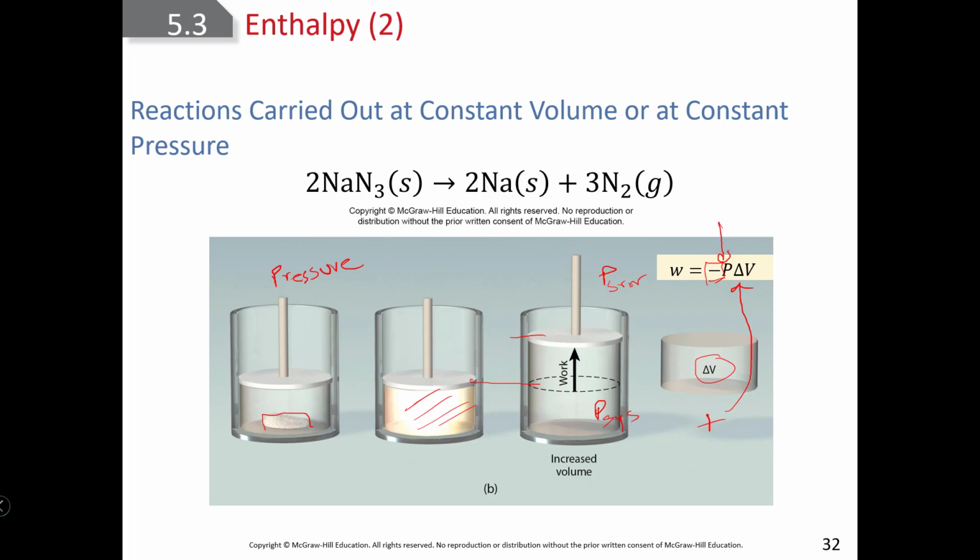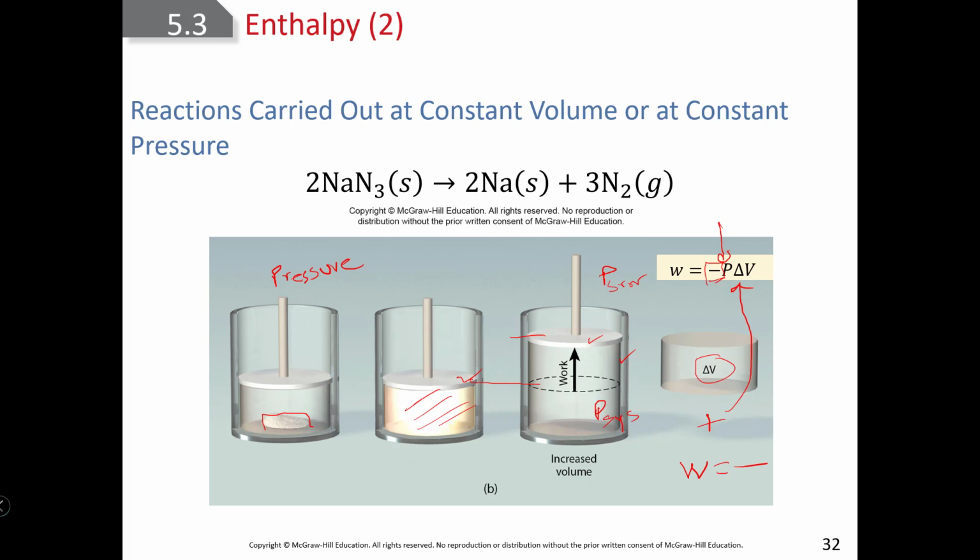So in this case, the system has done work on the surroundings. Why? Because work has come out to be a negative value. We can see it here. We went from here to here. We can see that the pressure has been pushed. The volume has increased, pushing against the pressure of the surroundings, and the system's done work on the surroundings.